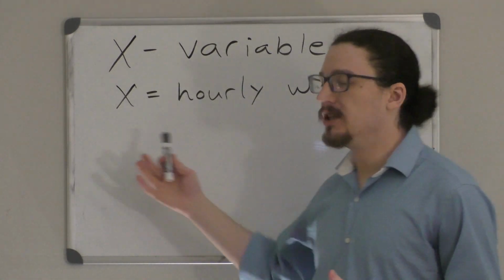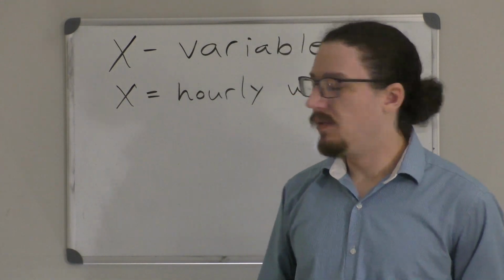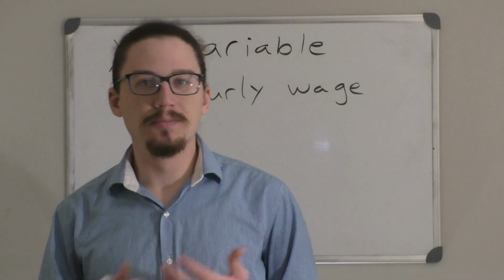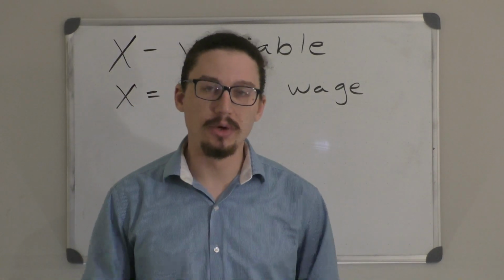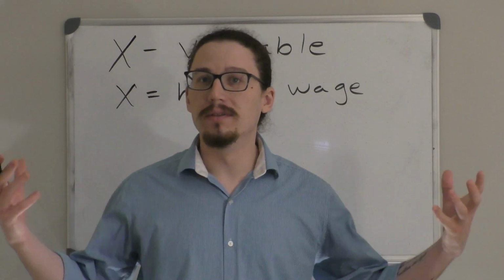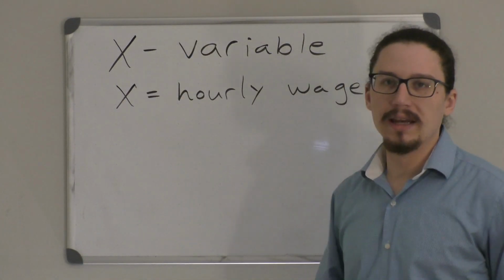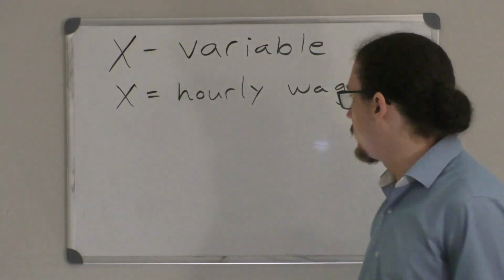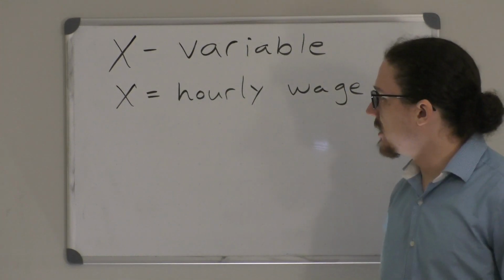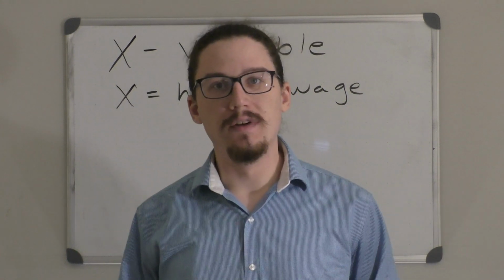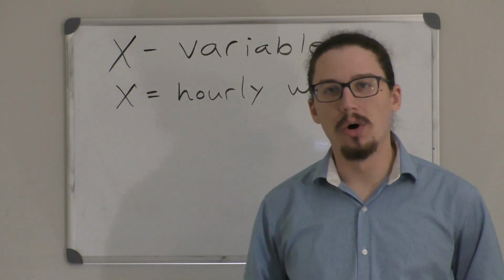That way, instead of writing out hourly wage, or a variable with an even longer name or descriptor, we can condense that and save some space. That is how we notate the overarching variable, the variable as a whole.